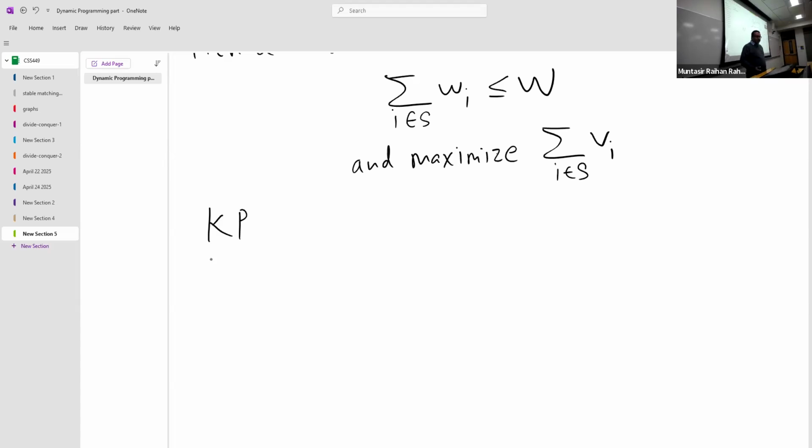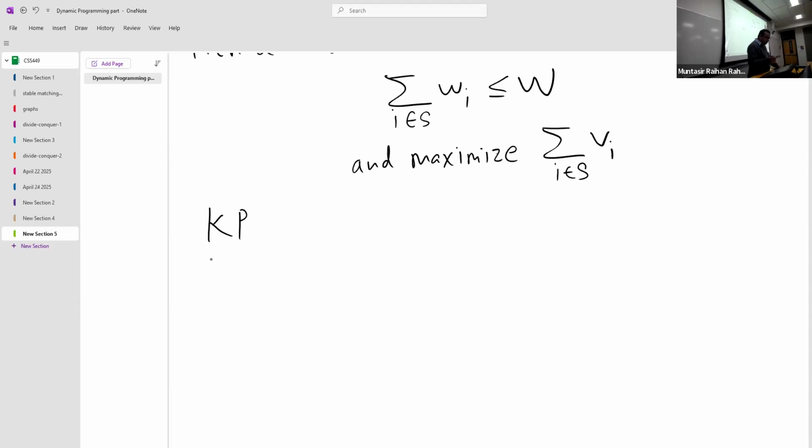Value is relative. What matters is, of all the items, if one item is -7 and the other one is -1, then -1 is more valuable. So without loss of generality, we can assume they're all positive numbers. Good question. So now let's think about a recurrence relation.